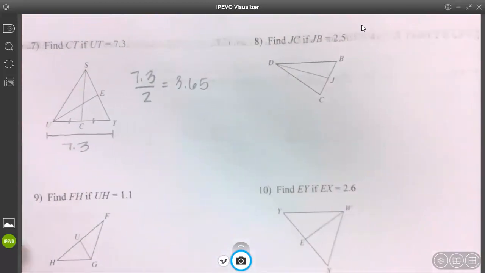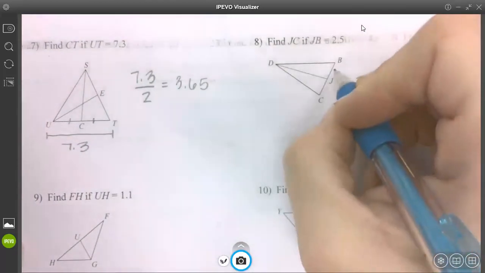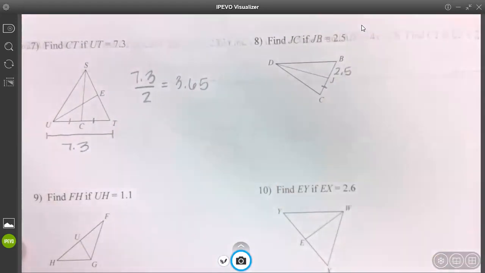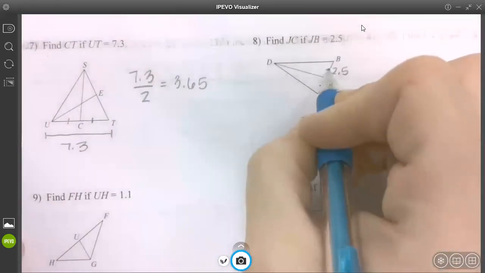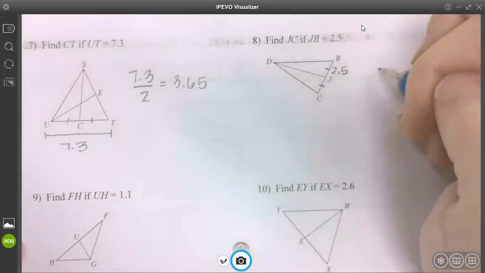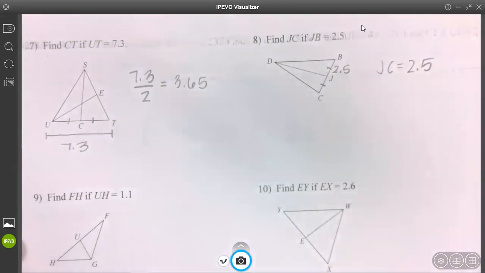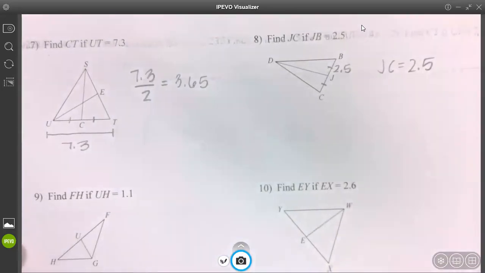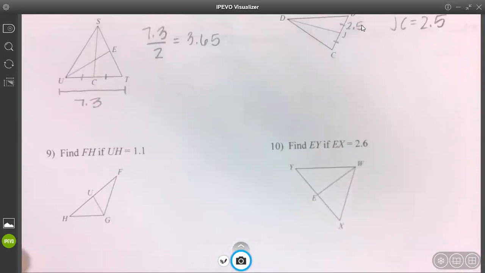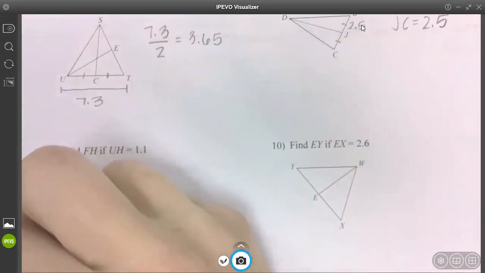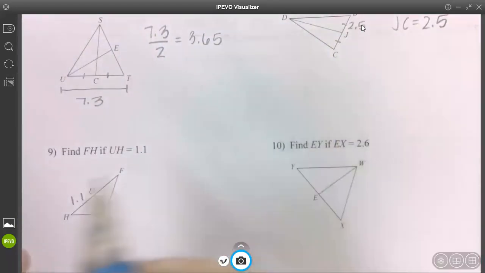They made it easy again on number 8. JB is 2.5. They want you to find JC. Remember, these parts are equal. So JC is 2.5. 9 and 10, also easy. 9 gives you that UH is 1.1.